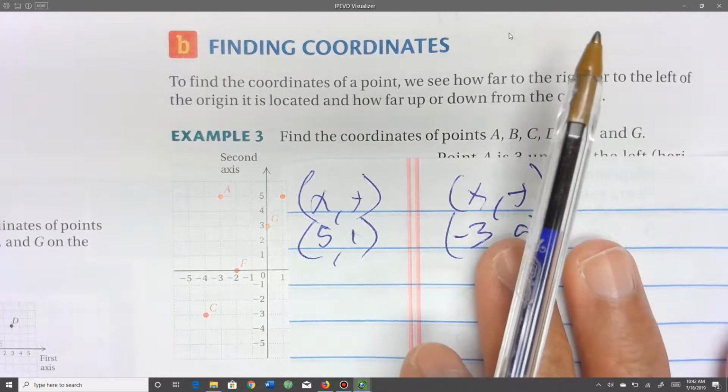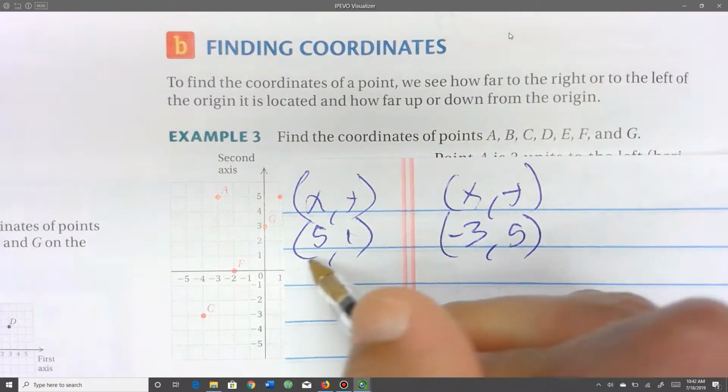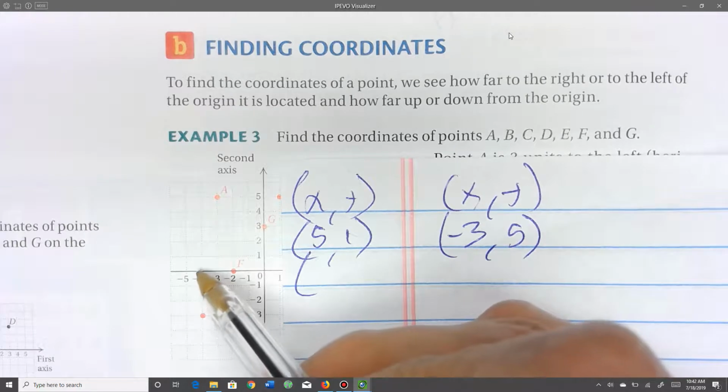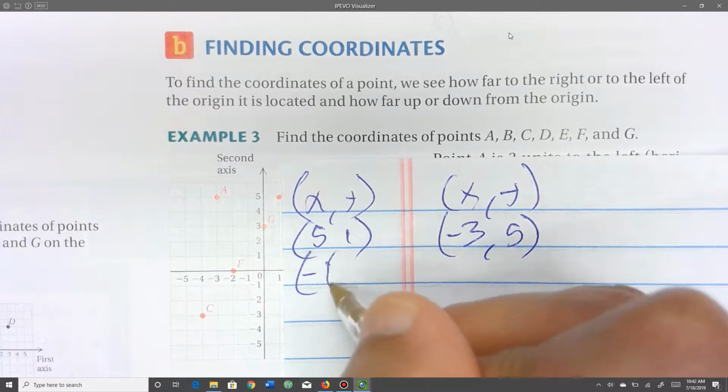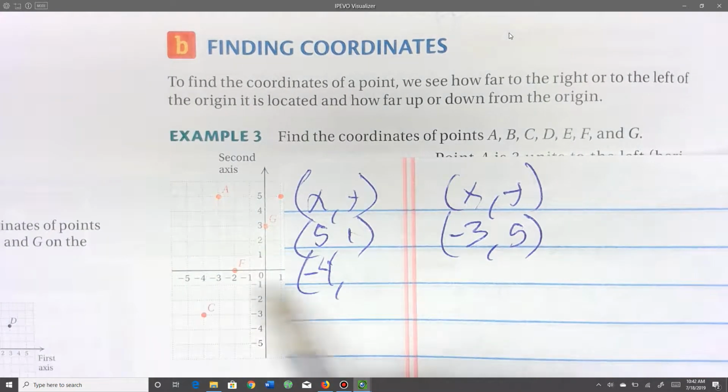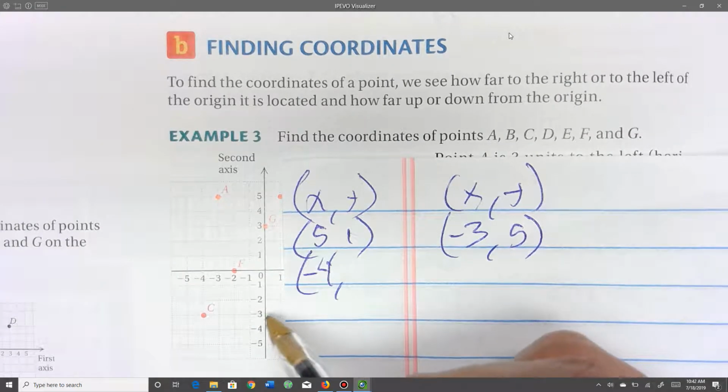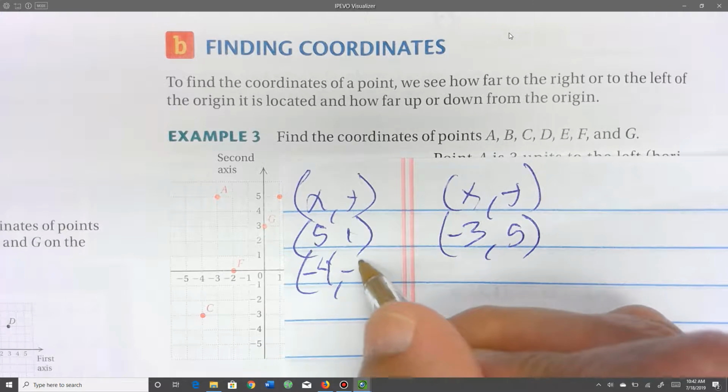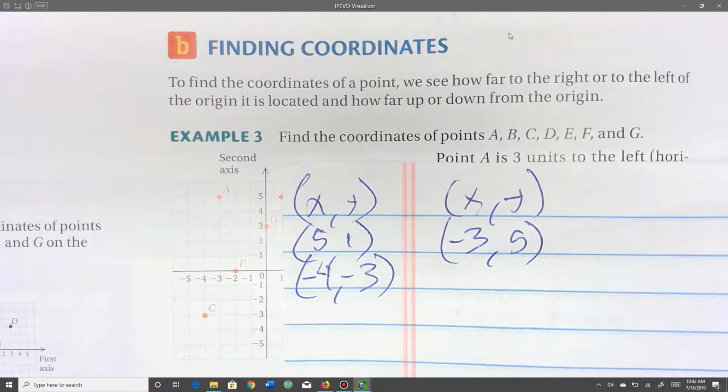For my x value, that's going to be a -4, and for my y value, it's going to be a -3. See, so that's how you do it.